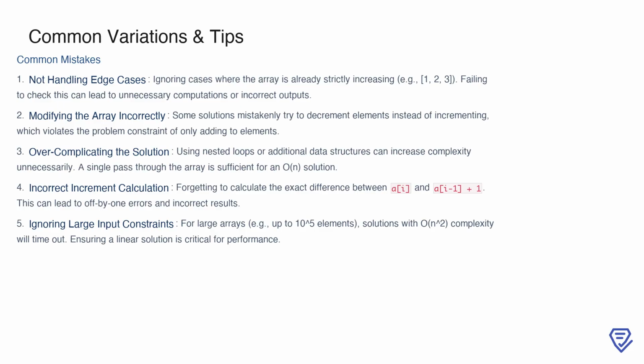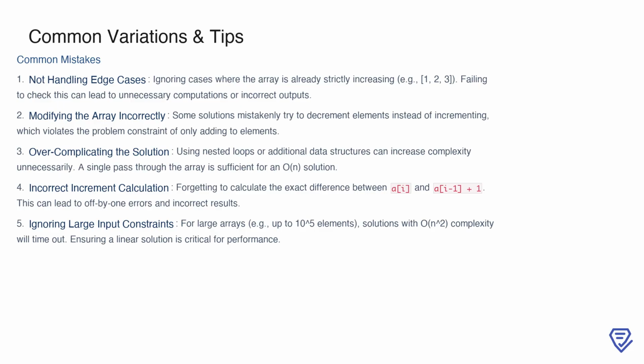Overcomplicating the solution is another pitfall. Some approaches use nested loops or extra data structures, which unnecessarily increase time complexity. A single pass through the array is sufficient to achieve an optimal O(n) solution. Additionally, incorrect increment calculations can lead to off-by-one errors.